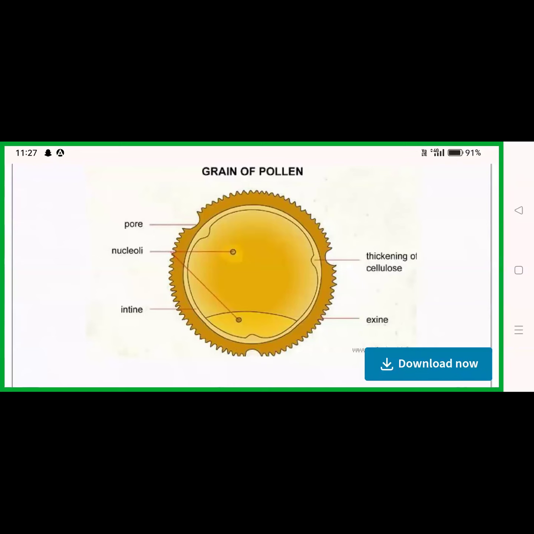In the simultaneous type, this type is common among dicotyledons. Here there is no wall formation after meiosis 1. That is the difference between successive and simultaneous type. Instead of a dyad, a binucleate cell is formed after meiosis 1. No cell plate is formed directly in the simultaneous type.